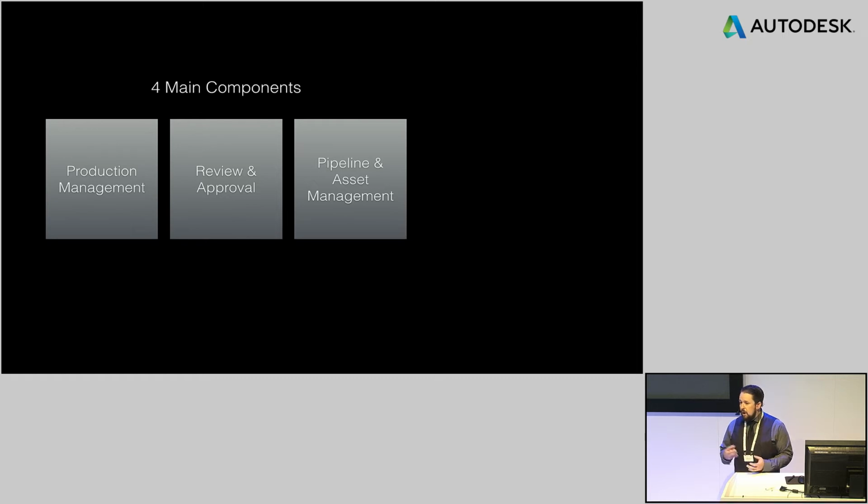So the Autodesk tools like Maya and 3D Studio Max, and now Flame that we're announcing today, as well as other tools like Nuke and Photoshop and Houdini. Anything your artists need to do, they can log into Shotgun, see what's assigned to them, and then launch directly from Shotgun into the app they need to do their work.